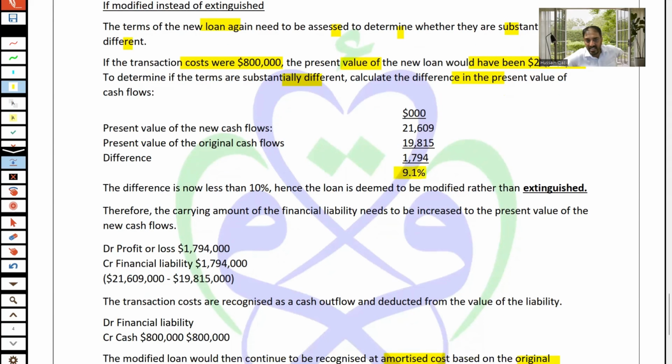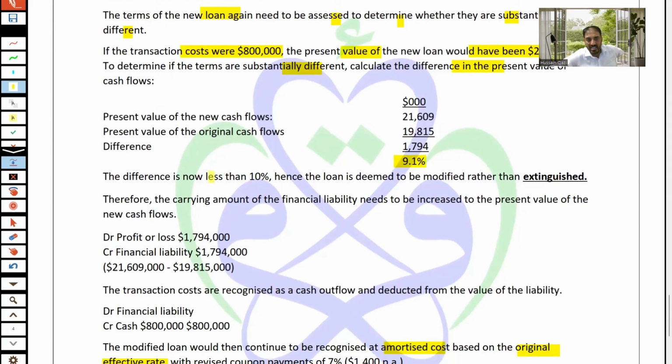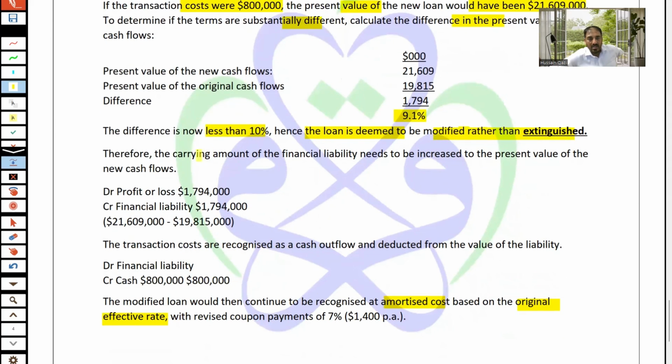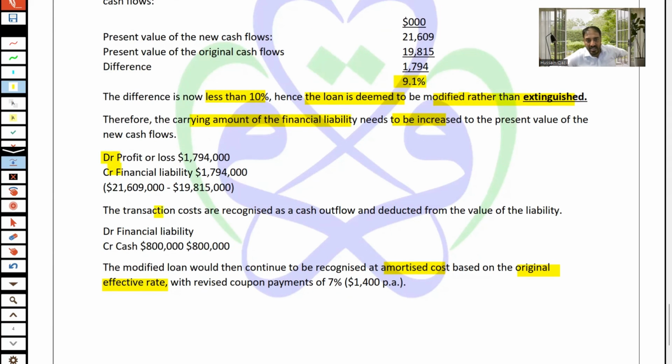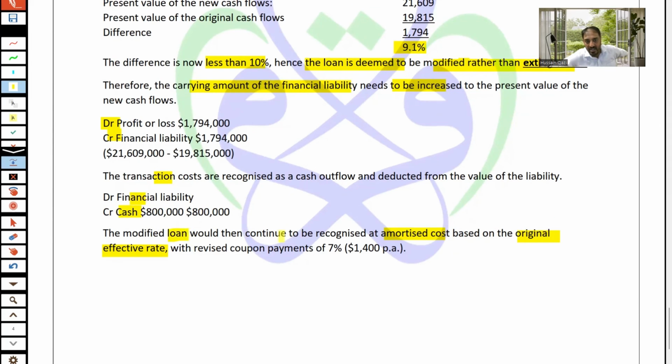Here the difference is less than 10%, so you need to mention that. So the loan is deemed to be modified rather than extinguished. The carrying amount of the original liability needs to increase; that's the debit and credit we have done. Transaction costs need to be adjusted with the financial liability, and the modified loan would then continue to be recognized at amortized cost based on the original effective rate with the revised coupon rate of 7%, that is 1,400 per annum. That is all about the example.